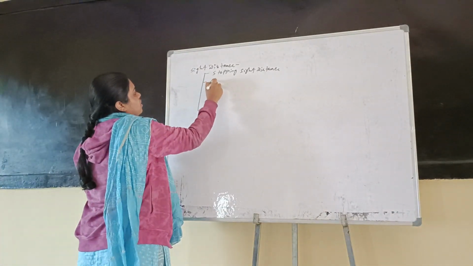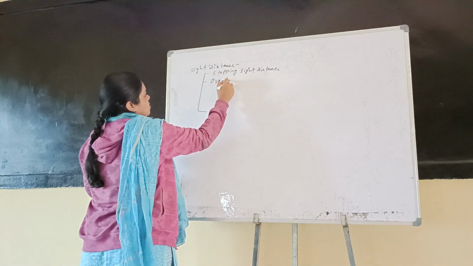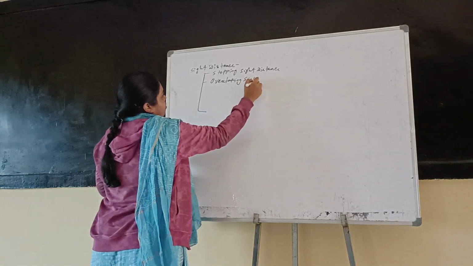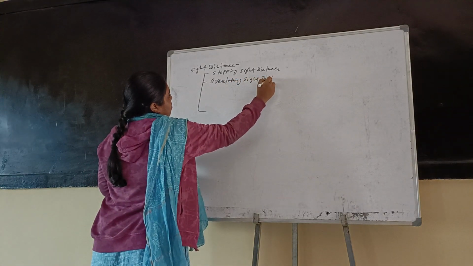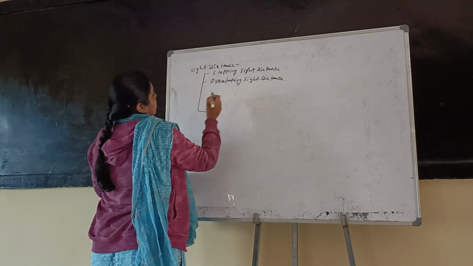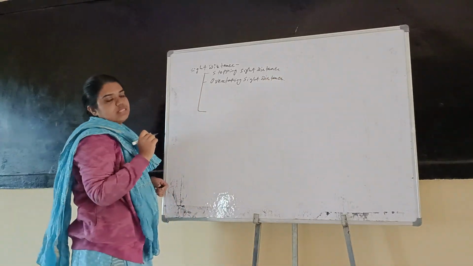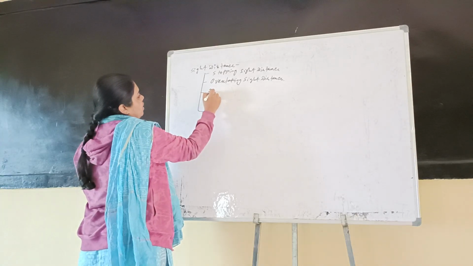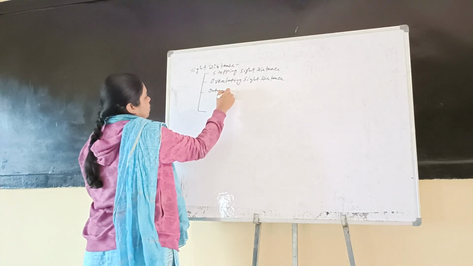Now the second one is the overtaking sight distance, which is also known as safe passing sight distance. Now the third one is intermediate sight distance.